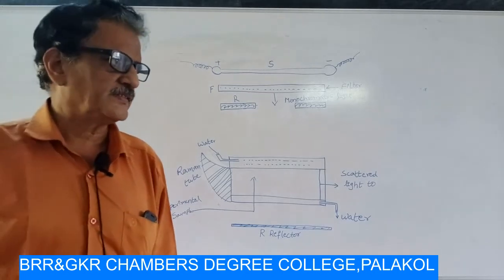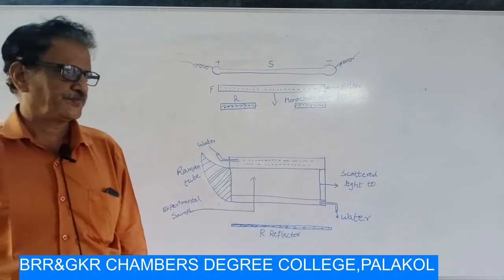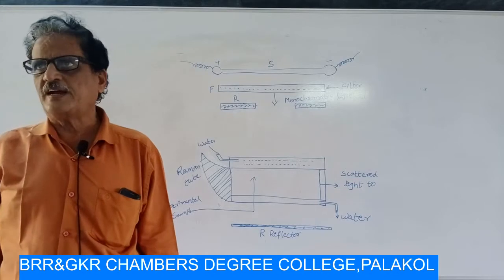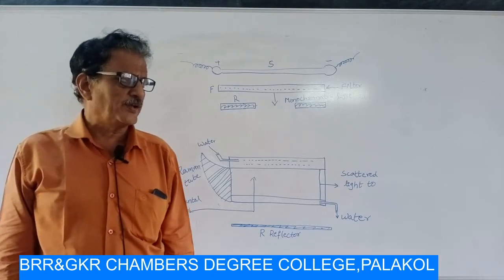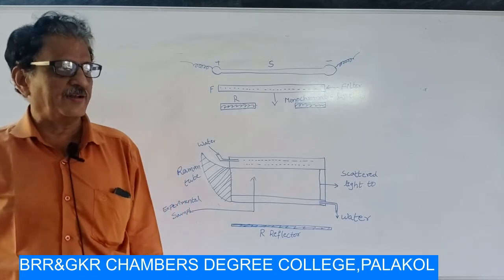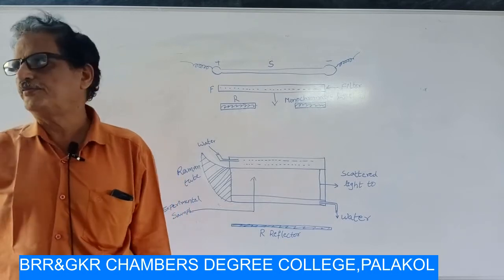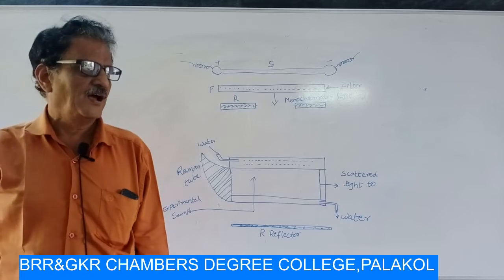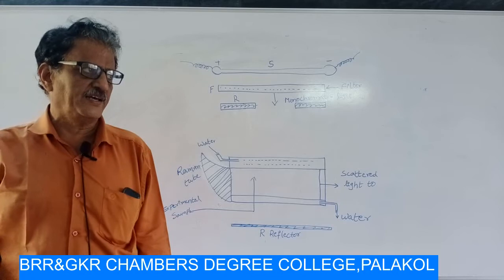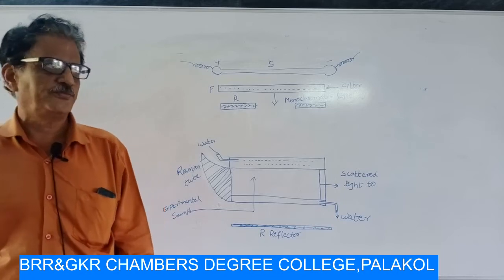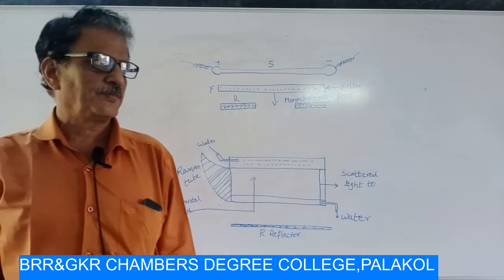But in 1928, C.V. Raman observed that in the scattered light there are frequencies greater than that of the incident light and also frequencies less than that of the incident light.